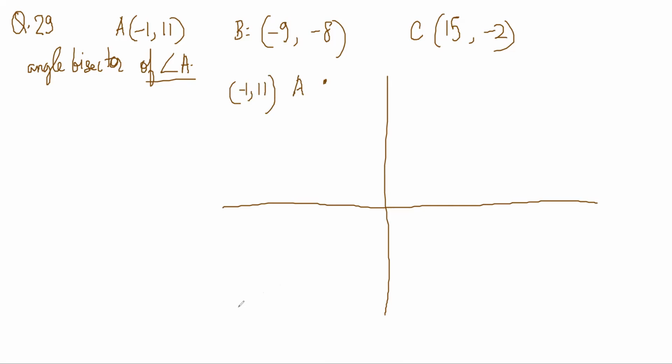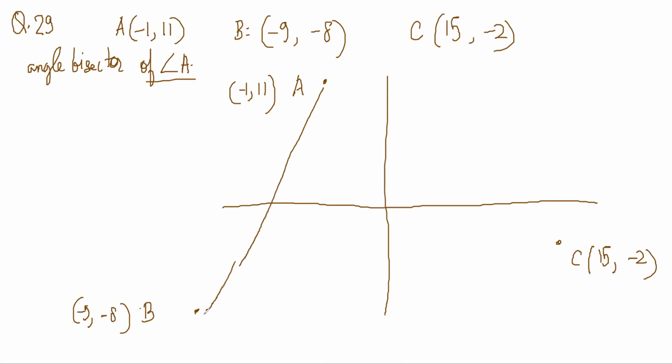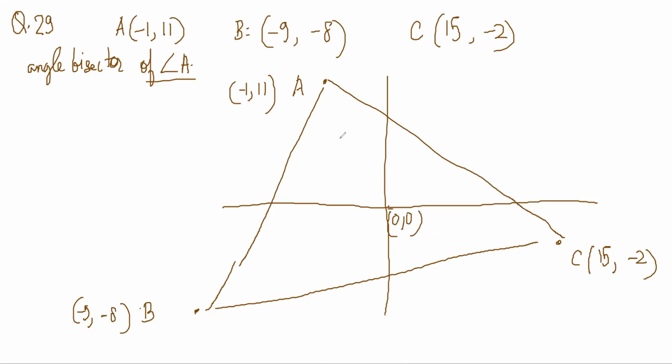B will be in the third quadrant, right? B (-9, -8), and C will be in the fourth quadrant, somewhere here, (15, -2). And you have to find the equation of angle bisector of A. 0, 0 is lying here, right?